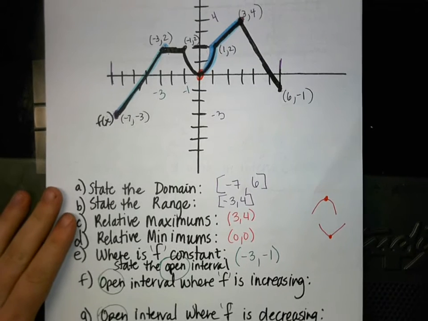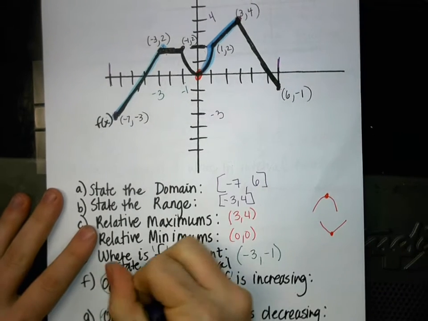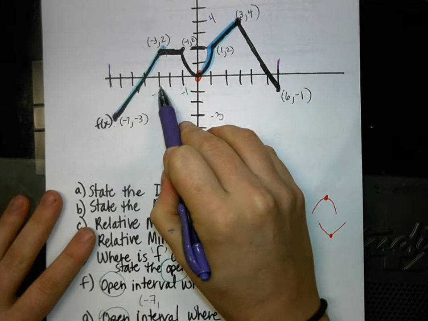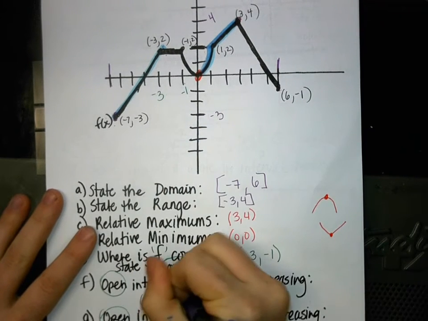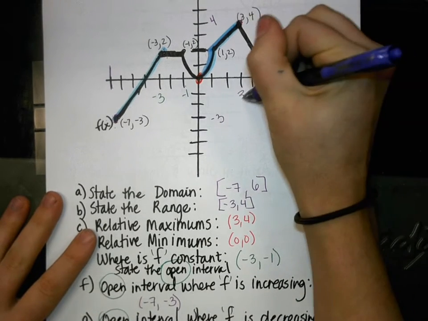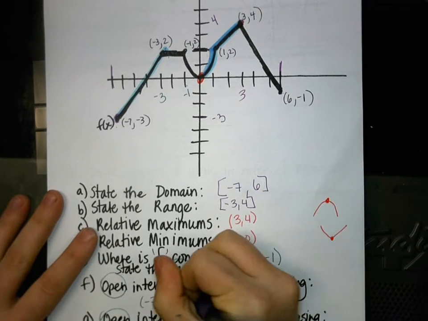So we only have two intervals for increasing. The first one goes from -7 for my x value and stops increasing at -3 because that's where it turns constant. And then the next one starts at 0 and goes to +3. My two increasing intervals need to be connected with my union.